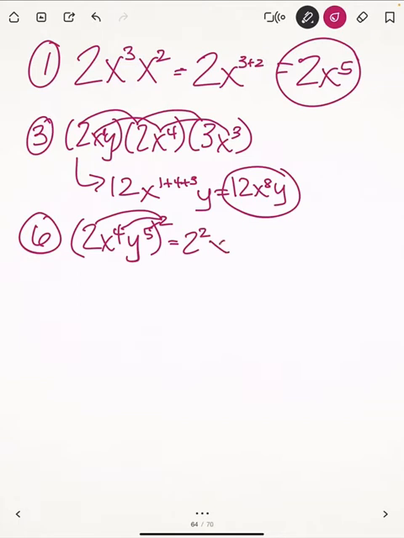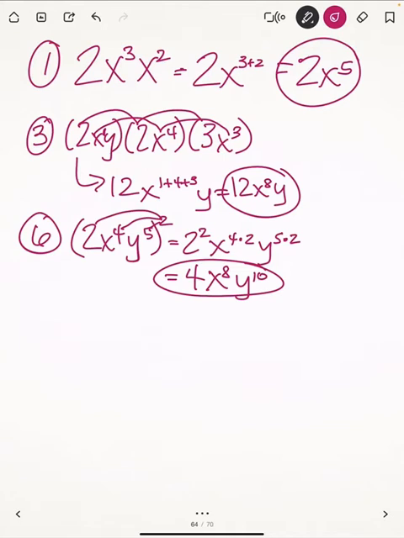So this becomes x, and then 4 times 2, and y, 5 times 2. All right, well, 2 to the second power, or 2 times 2, is 4. 4 times 2, which is our exponents, is going to be x to the 8th, and 5 times 2 is 10, so it becomes y to the 10th. Okay, and that's our final answer for number 6.